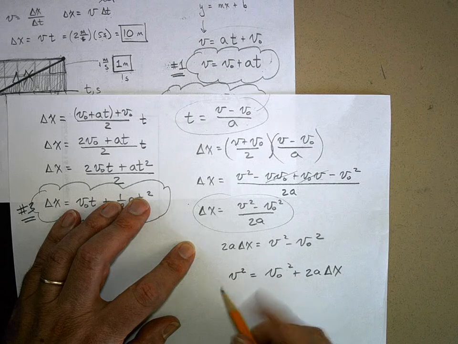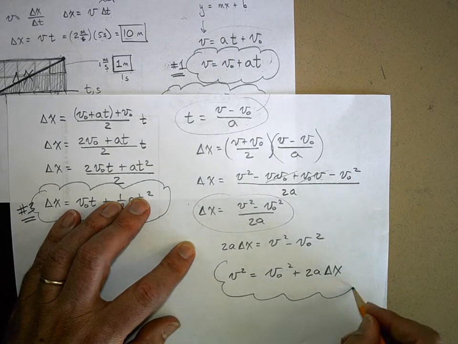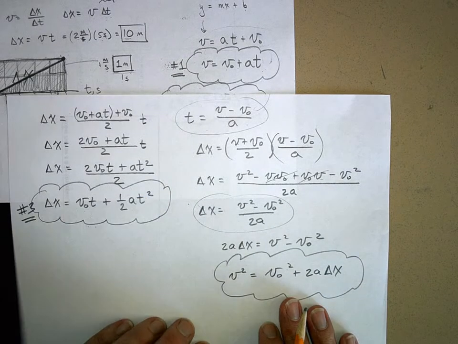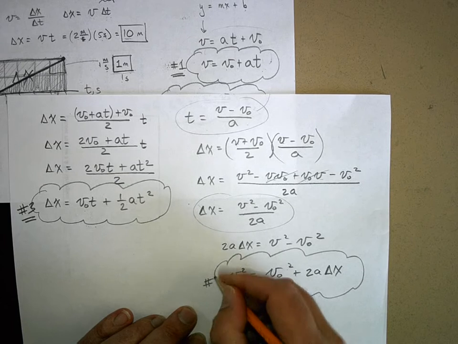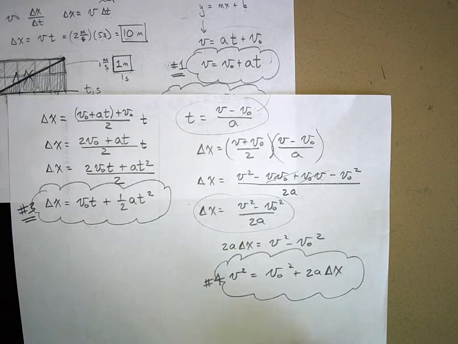And this is my final kinematic equation that I'm going to create today. This is number 4. Now I'm going to show you something really cool. And that is, I think you'll see why we use these 4 kinematic equations to solve problems.